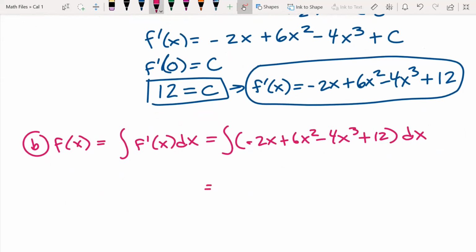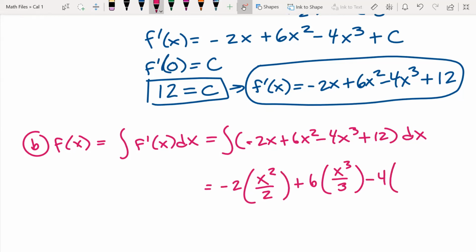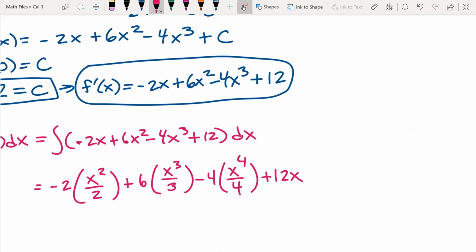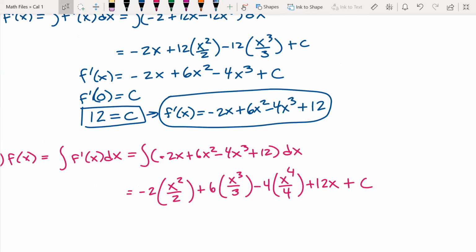Negative 2, antiderivative of x, x squared over 2, plus 6, antiderivative of x squared, x cubed over 3, minus 4, antiderivative of x cubed, x to the 4th over 4, and then antiderivative of 12, plus 12x, and here you can tack on c again, d, whatever value you like.